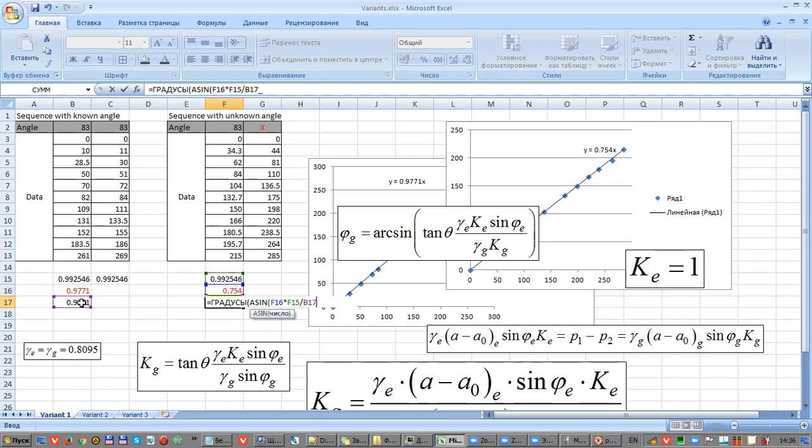And close all brackets. Here I obtain the angle of the unknown manometer, 49.9. 50 degrees, it's the angle of the unknown for this X value.